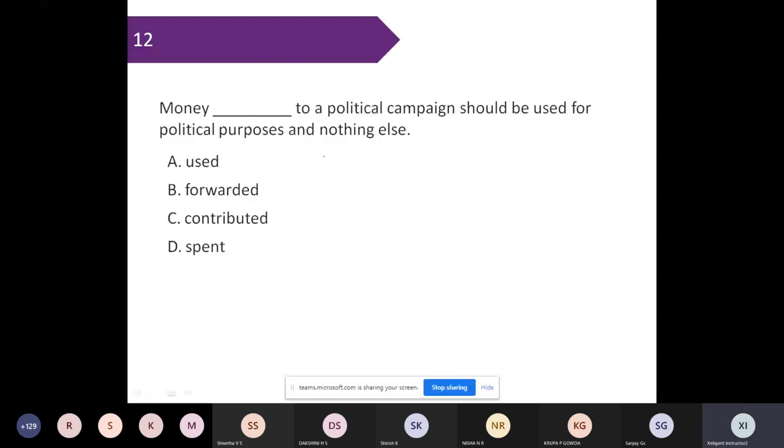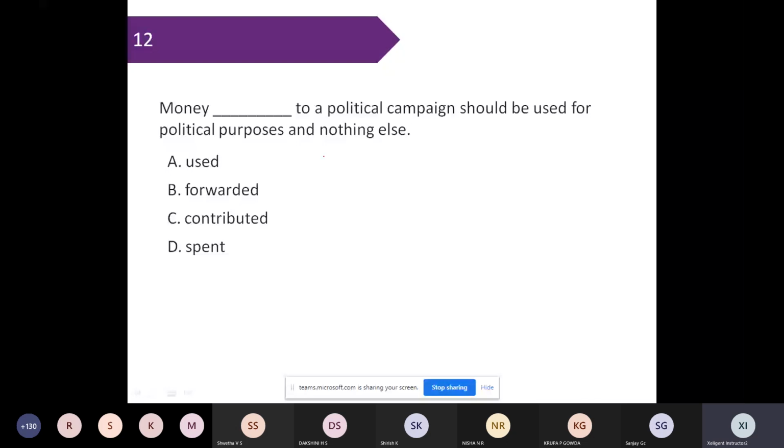Good. Give or provided. We can take any of these words. Money provided to a political campaign, or money given to political campaign. Money that has been given. We can't construct it in active voice, we can construct it in passive voice. But let's not go deep and dig into grammar here. So just give or donate or provide, whatever else can be the guess word.